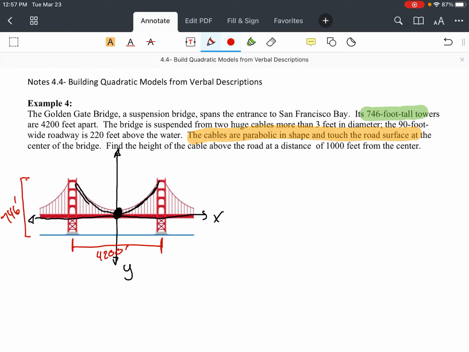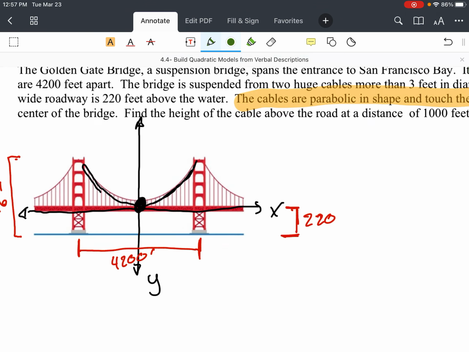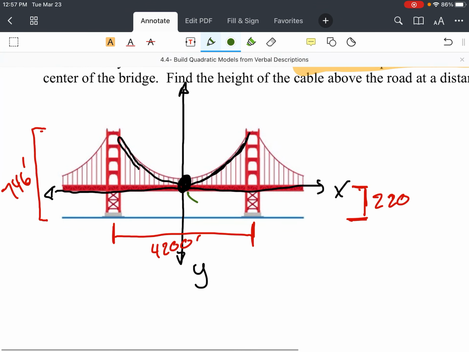The 90-foot wide roadway is 220 feet above the water. Okay, so this is another part that we're going to need. It says that the roadway is 220 feet above the water. Because we're using the roadway as our x-axis, in other words, that's where y is equal to 0, I'm going to use a different color here.